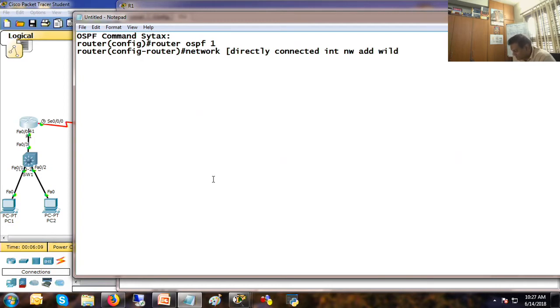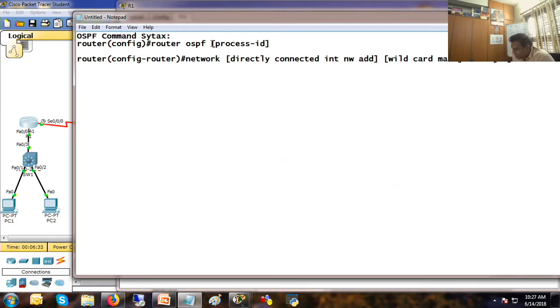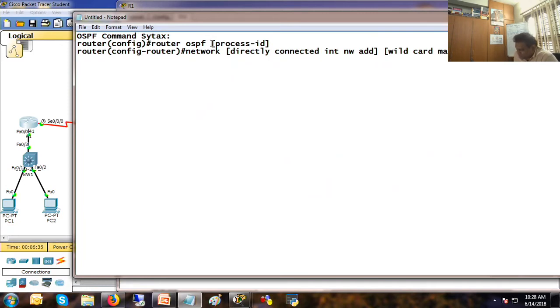Wildcard mask. Then area number. The one is the process ID. This syntax is not the real command; the real command will be like this. Area number, you know, area 0: this interface belongs to area 0. So what is wildcard mask?